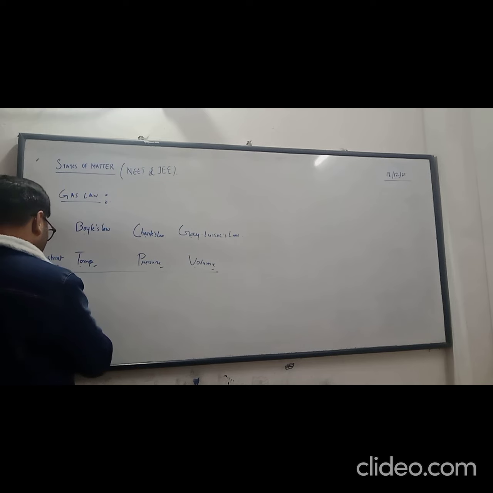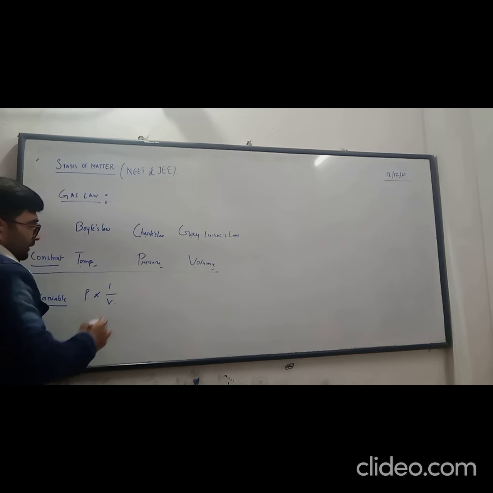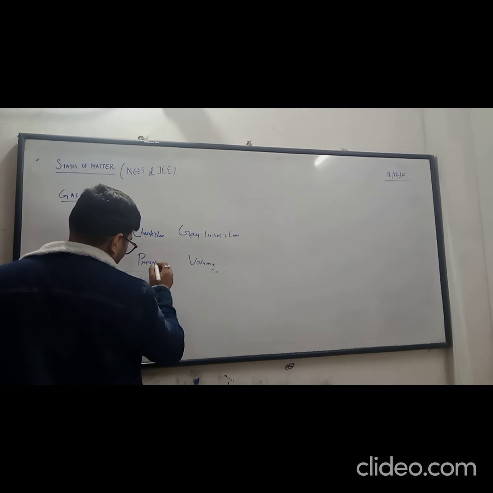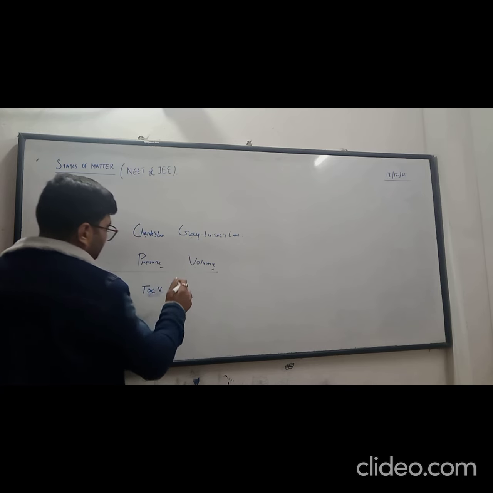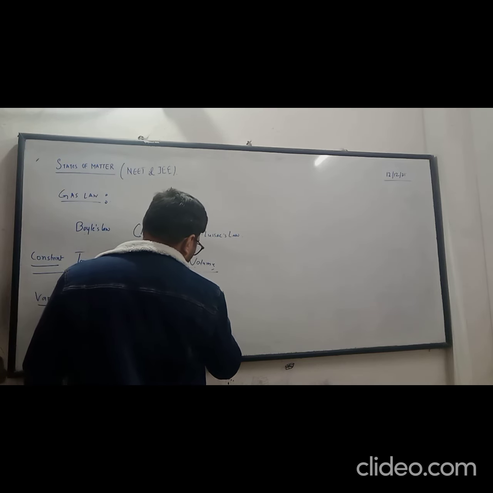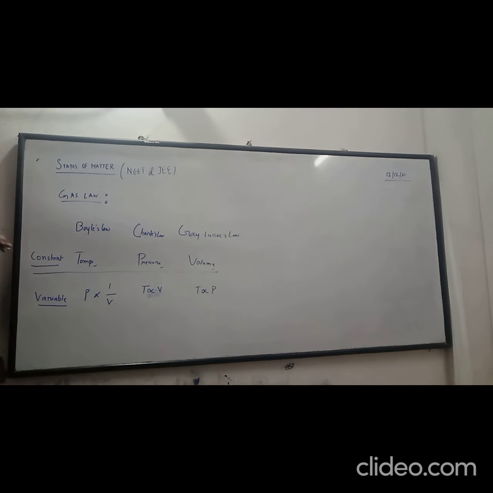So what is the variable? Here the pressure is inversely proportional to volume. Here the pressure is constant, so the temperature is directly proportional to volume. Here since the volume is constant, the temperature is directly proportional to the pressure. This is the way we can remember these laws.